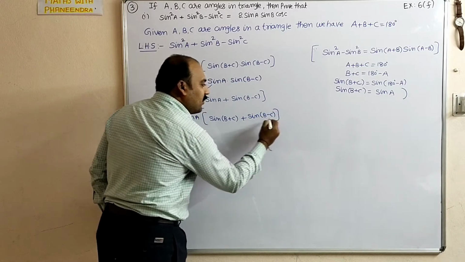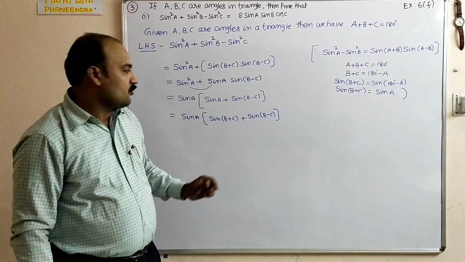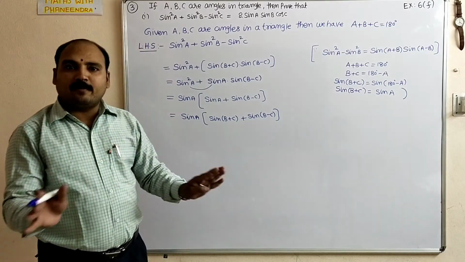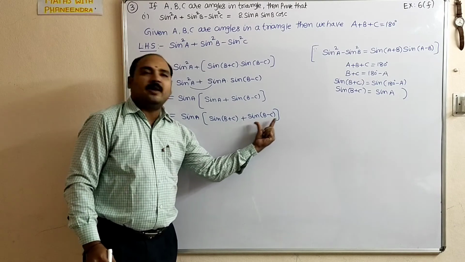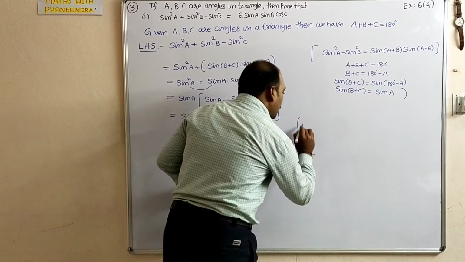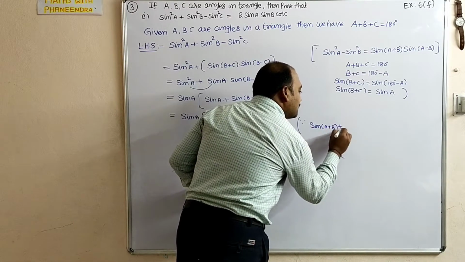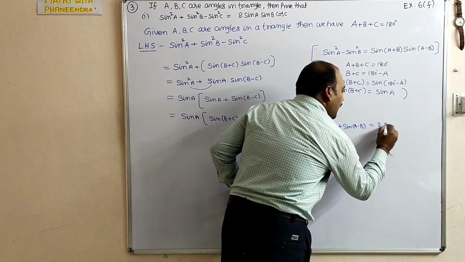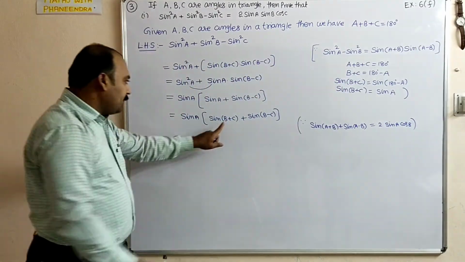If we remember the formula, sin of A plus B plus sin of A minus B equal to 2 sin A cos B. Suppose if you do not remember the formula, you have to expand sin of B plus C, sin of B minus C, and then simplify, you will get the answer. But I am writing here directly. We know the formula, sin of A plus B plus sin of A minus B equal to 2 sin A cos B. In place of A, B, it is B and C here, no?